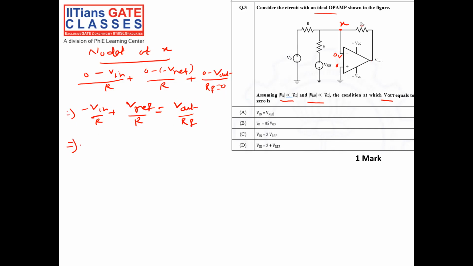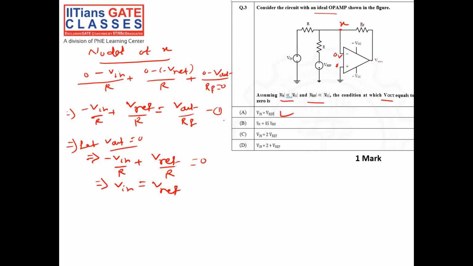Let's put V out equal to 0 in equation 1. So this implies minus V in by R plus V ref by R is equal to 0. This implies V in is equal to V ref. So option A is correct.